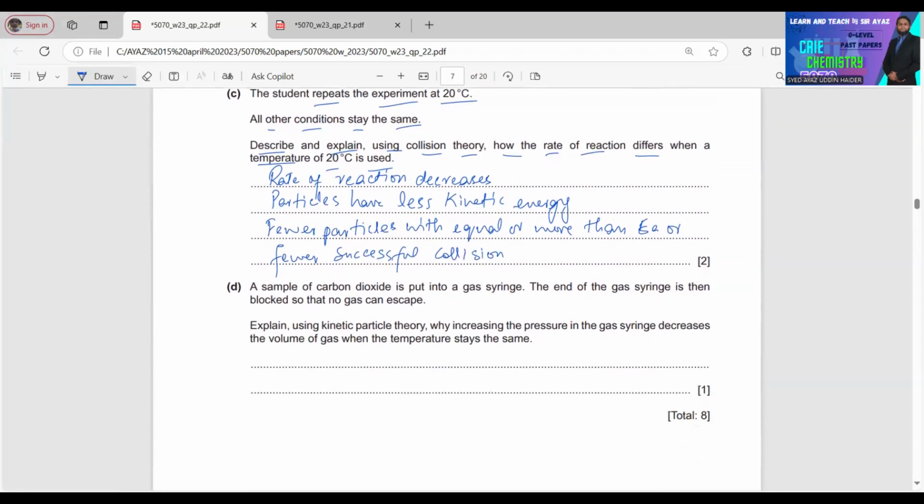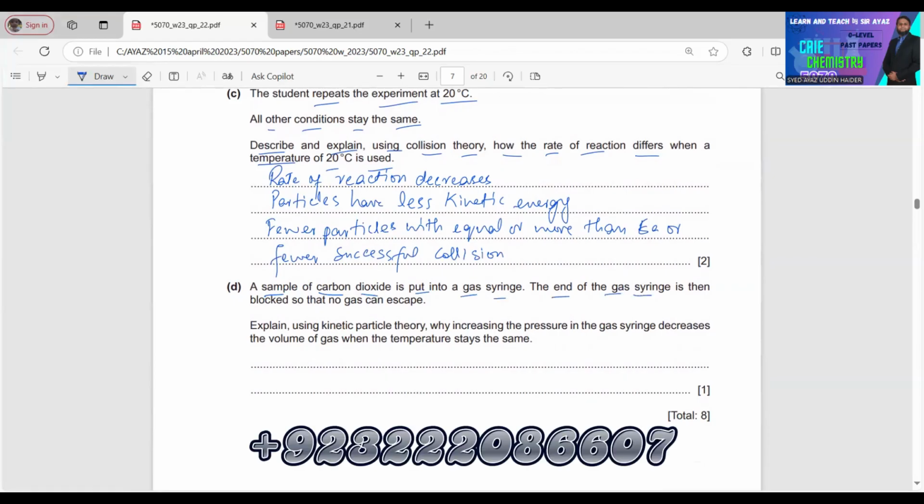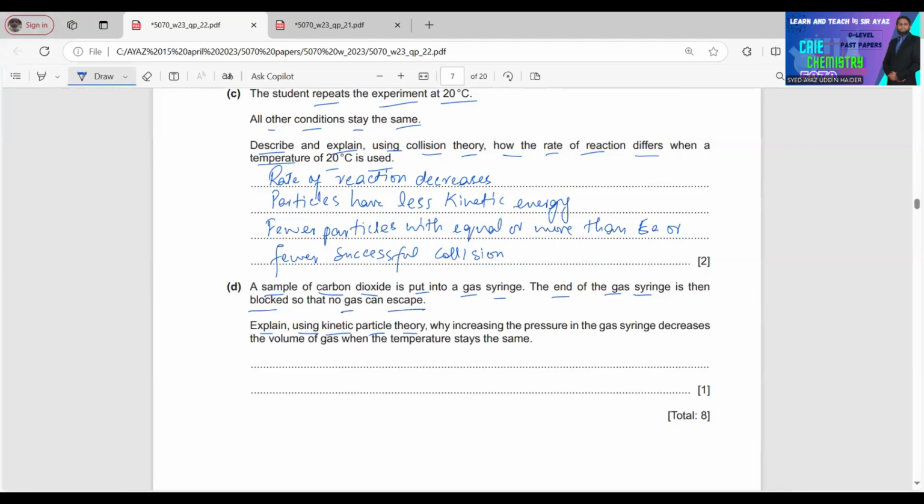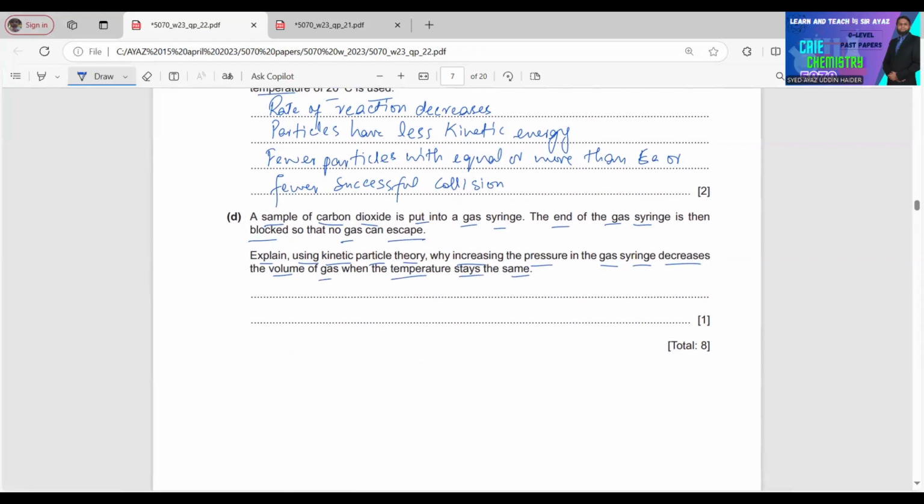Moving to next part, a sample of carbon dioxide is put into a gas syringe. The end of the gas syringe is then blocked so that no gas can escape. Explain using kinetic particle theory why increasing the pressure in the gas syringe decreases the volume of gas when the temperature stays the same.